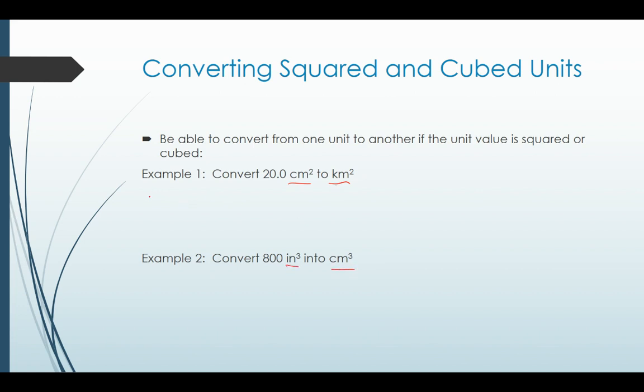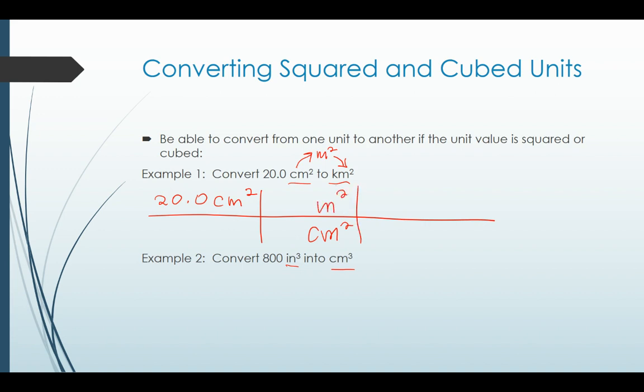So let's go ahead and do something like this: 20.0 centimeters squared. It's basically the same outline. Because I'm going from one prefix to another, I'm going to go through the base unit. The base unit is meter, but of course it's meters squared in this particular case.